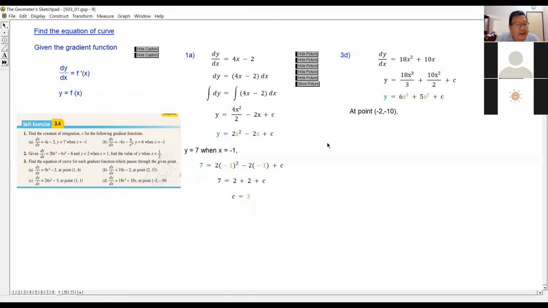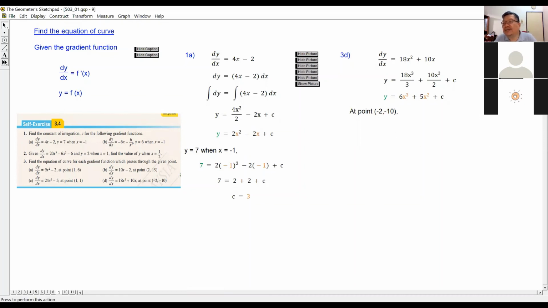They told you the curve passes through this point, (-2, -10). You can substitute this pair of values into the y and the x. y you replace with negative 10. x you replace with negative 2.